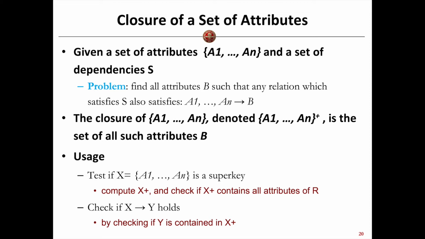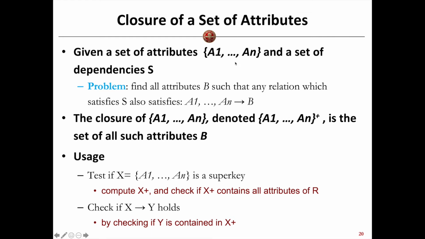So what is the closure of a set of attributes? Generally, given a relation as well as a set of attributes like A1 to AN, and a set of FDs like S, the problem is to find all the attributes B such that any relation which satisfies S also satisfies A1 to AN implies B. In other words, we want to find all the other attributes that can be derived or implied from A1 to AN based on the existing FDs in set S, which will be the closure of A1 to AN.